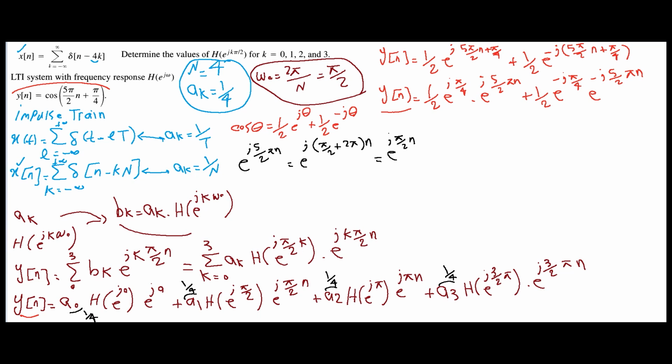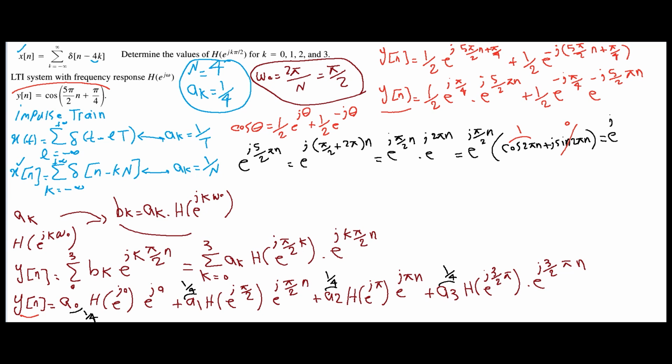This becomes e^{jπn/2} multiplied by e^{j2πn}. Since e^{j2πn} equals cosine of 2πn plus j sine of 2πn, and for every integer n, cosine is 1 and sine is 0, we can conclude that e^{j2πn} equals 1.